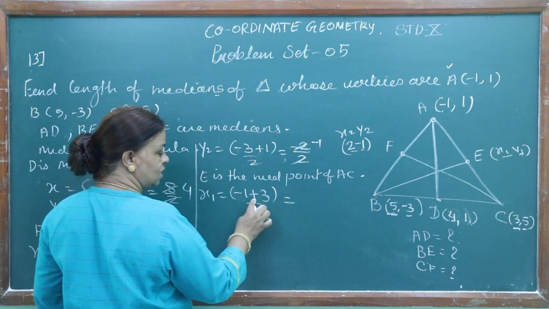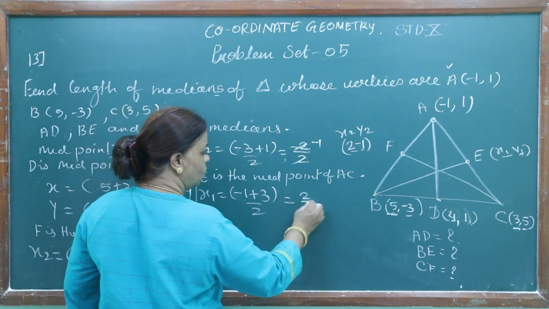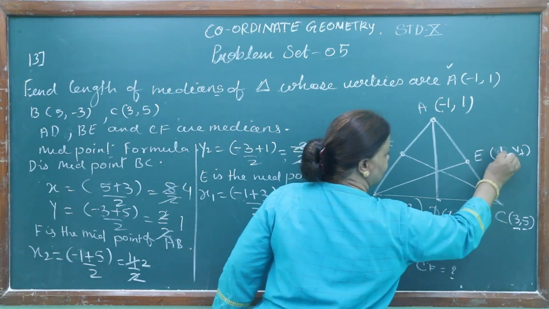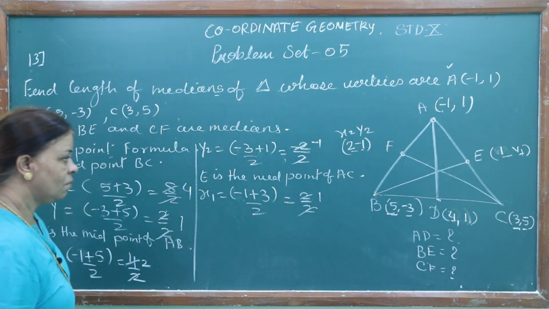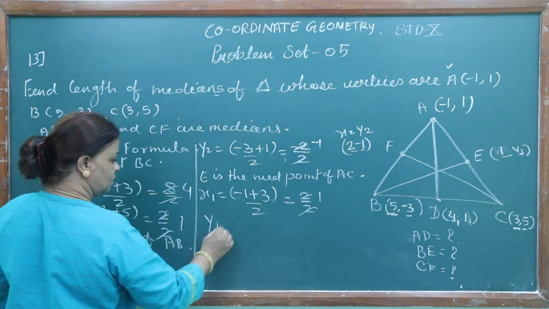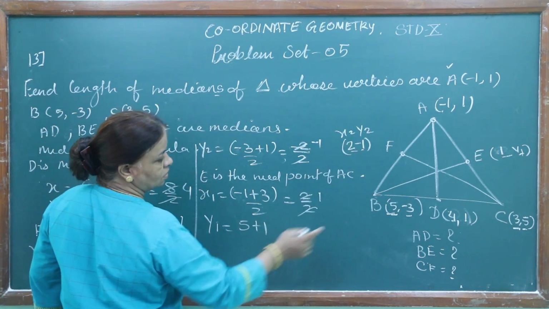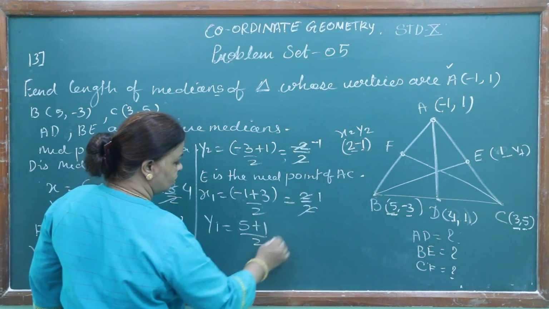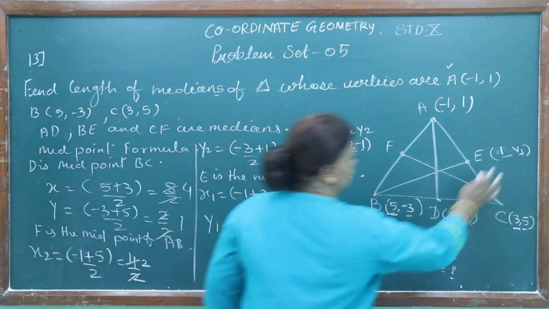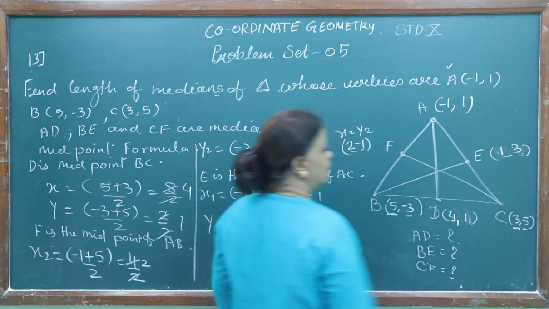Minus 1 is minus, 1 is plus, so subtraction. 2 upon 2, it will be 1. So x1 we got as 1. Now for y1, 5 plus 1 upon 2, that is 6 upon 2. 2 3s are 6. So we got 3.